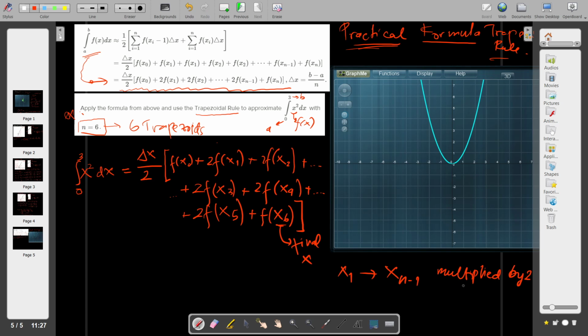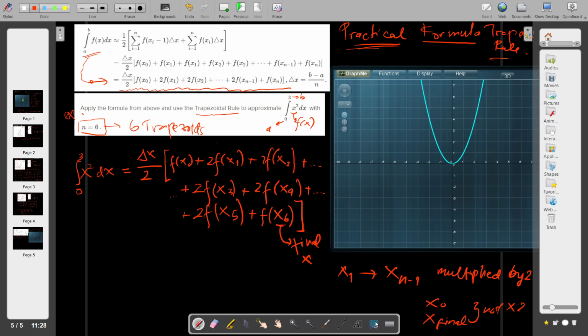For x0 and the final x, they are not multiplied by 2. So this is our formula.